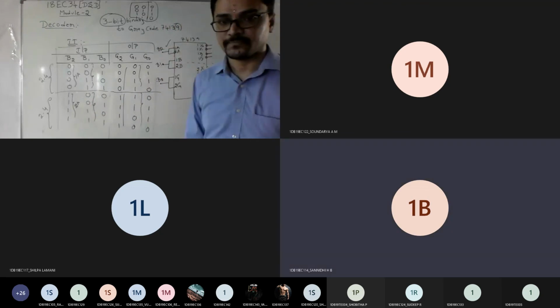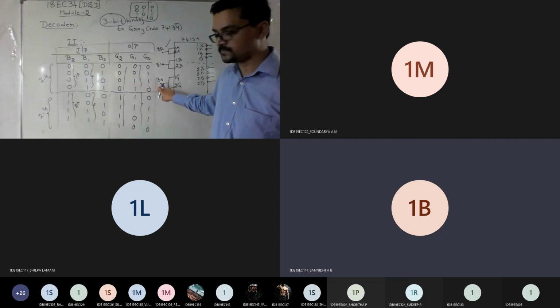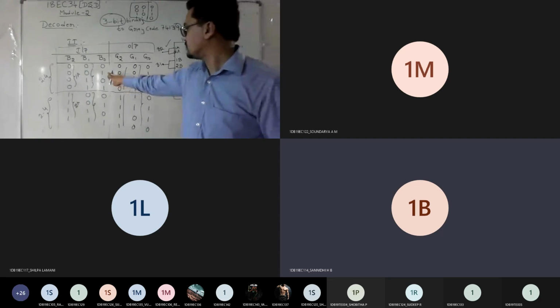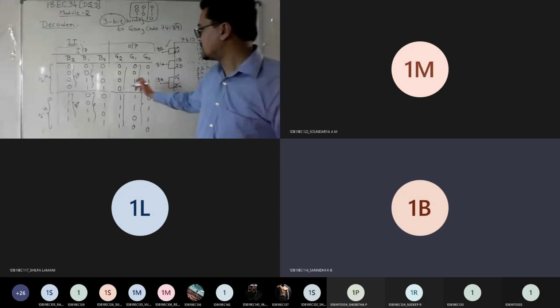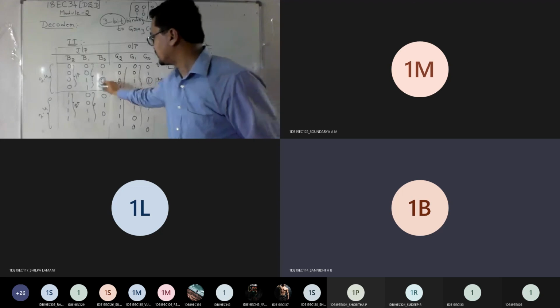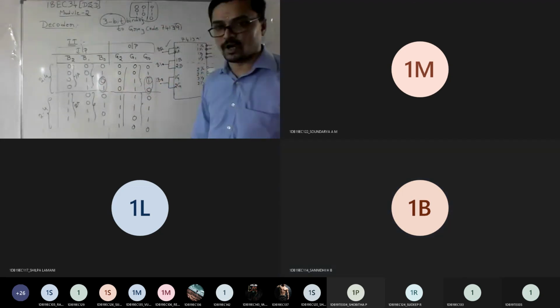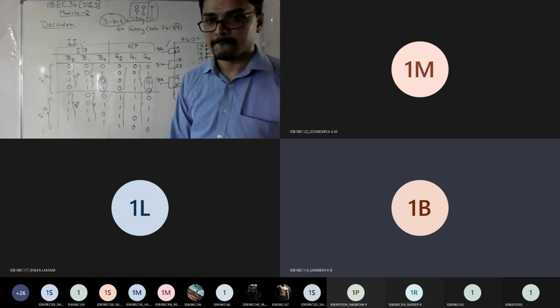Correct? Yes, sir. What about the last condition? Similarly, B0 and G0? What has happened here? It has changed. At this junction, there is a complement. Correct? At this junction, there is a complement. Right or wrong? Yes, sir.